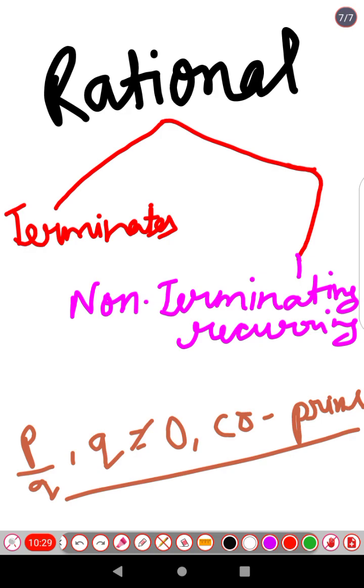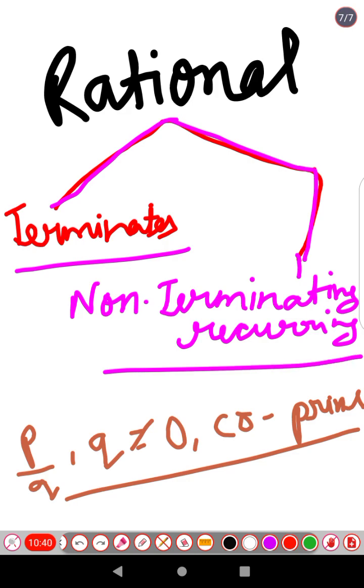Okay, so a rational number is any number which is terminating or non-terminating but repeating, then hence we can say it is a rational number.